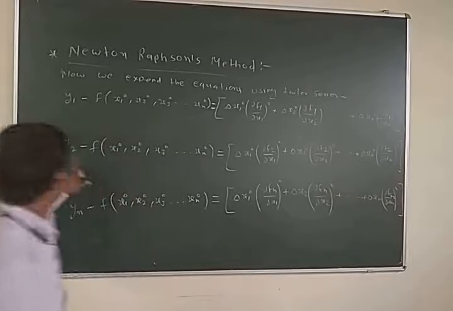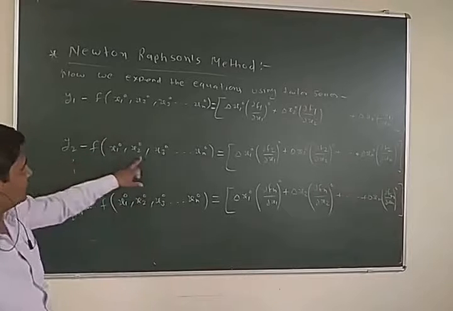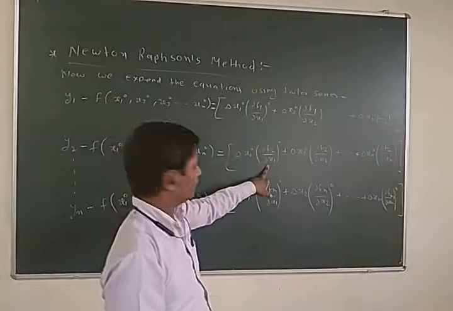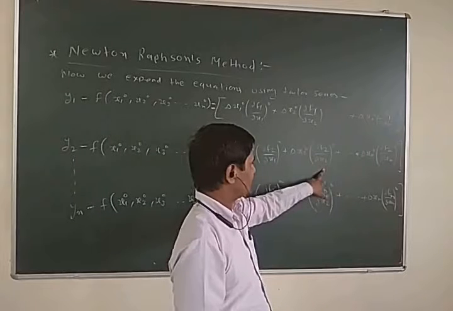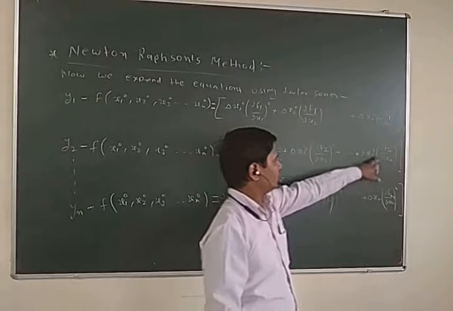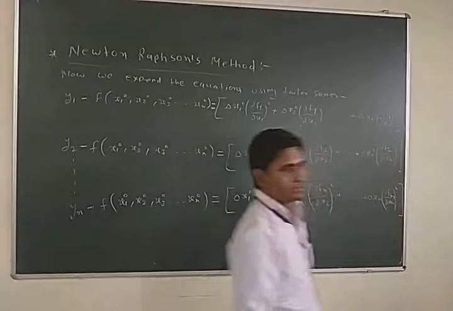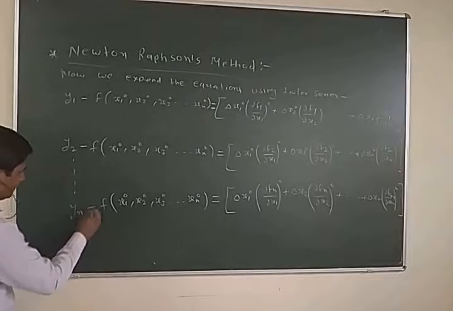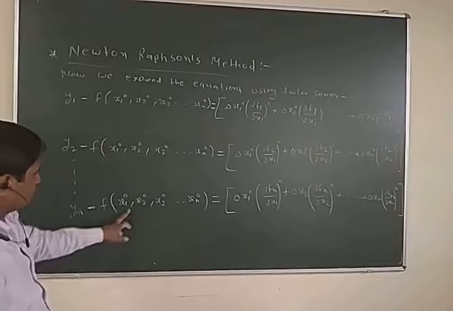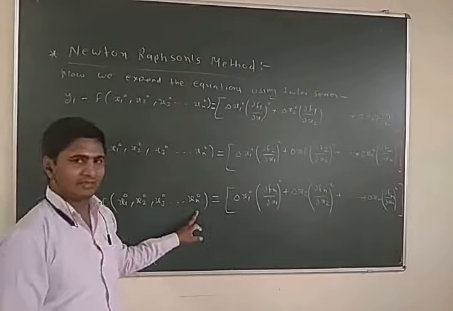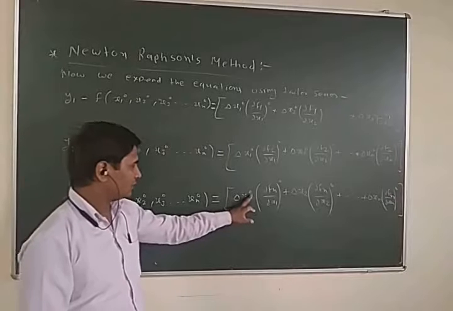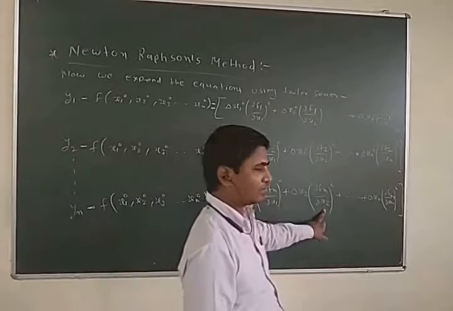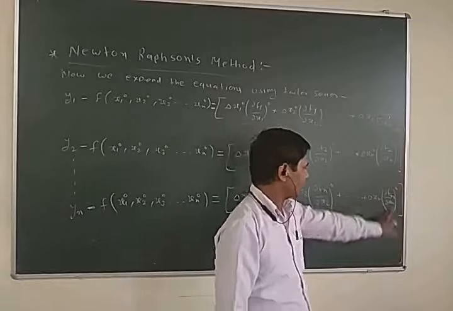Similarly, y2 minus function of x1, x2, x3, xn is equal to del x1 del f2 upon del x1 plus del x2 del f2 upon del x2 plus dot del xn del f2 upon del xn, and yn minus f of x10, x20, x30 and xn0 is equal to del x1 del fn upon del x1, del x2 del fn upon del x2, dot, del xn del fn upon del xn.